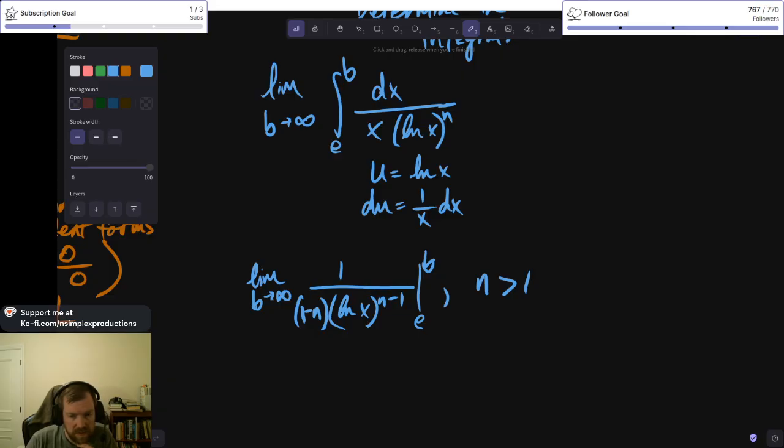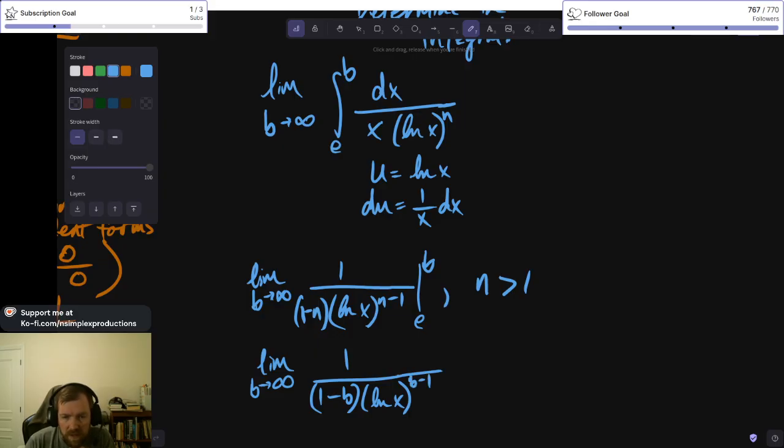Okay, so now this is going to be limit b goes to infinity, 1 over 1 minus n times the natural log of x raised to n minus 1, minus 1 over, wait, no, it's x that's going to be replaced, not n.